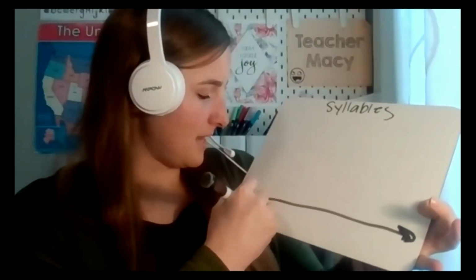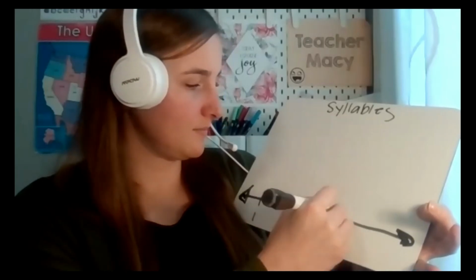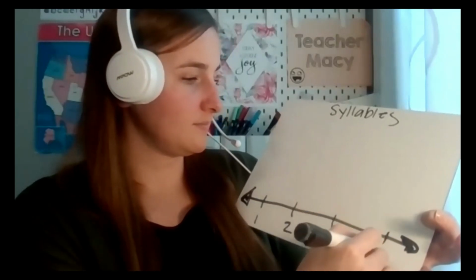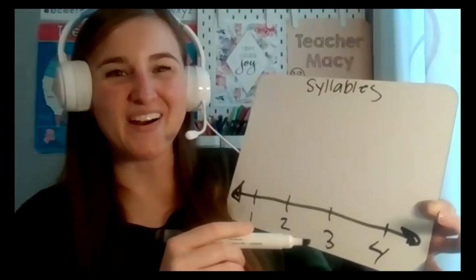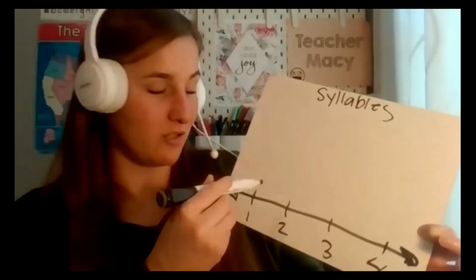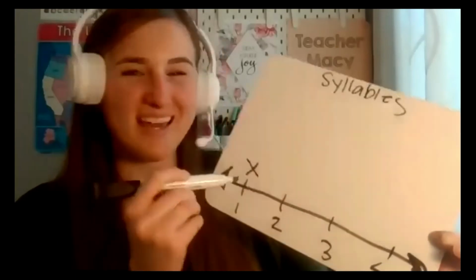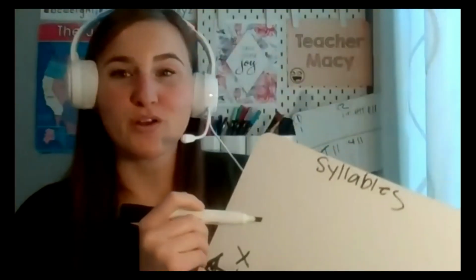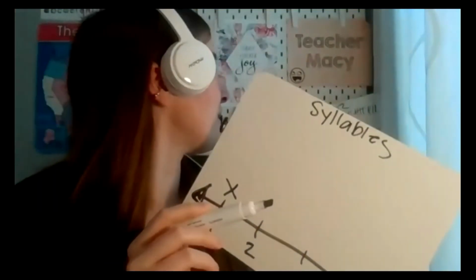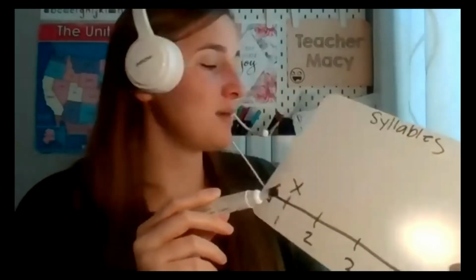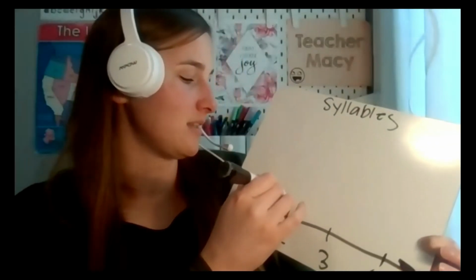I'm going to make my labels. Okay, so for one syllable, we had one person. So I'm going to go to the 1, and I am going to make an X. For 2 syllables, whoa, that's a lot. We have 14 people in our class that have 2 syllables in their name.